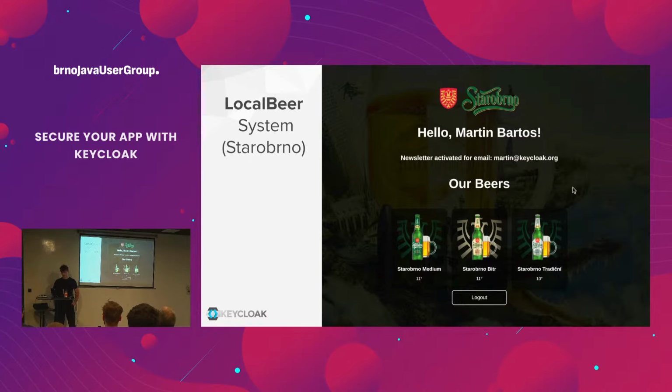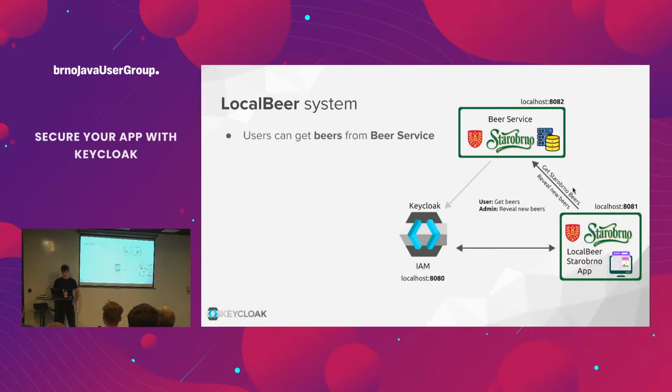Log out, whatever. So right now this is the architecture. We have the beer service, where you have the data about the beers, on port 8082. Then we have the Staro Brno app, the front-end app, on port 8081, and then Keycloak on 8080.